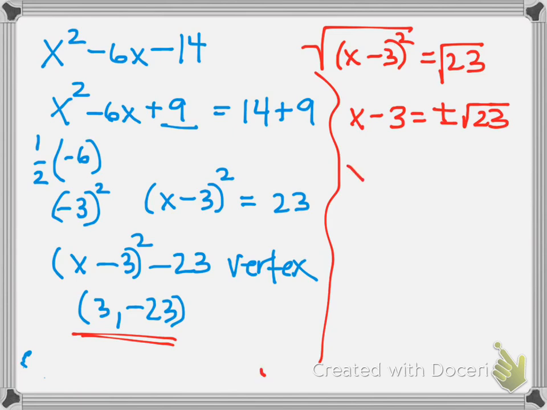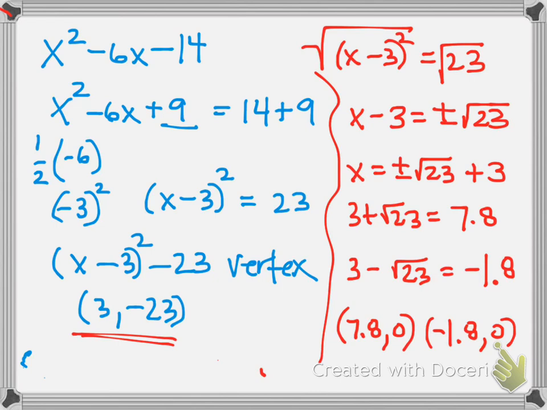And then you just add 3. I'm going to stop and get values for those. So your x-intercepts are 7.80, and I got that by going 3 plus square root 23, rounded to the tenth place, 7.8, and 3 minus square root of 23, negative 1.8.